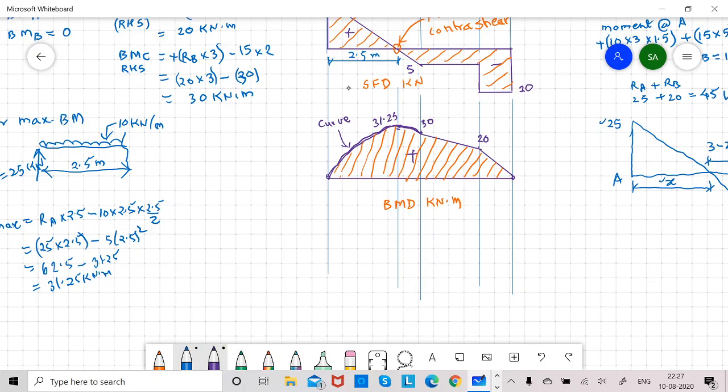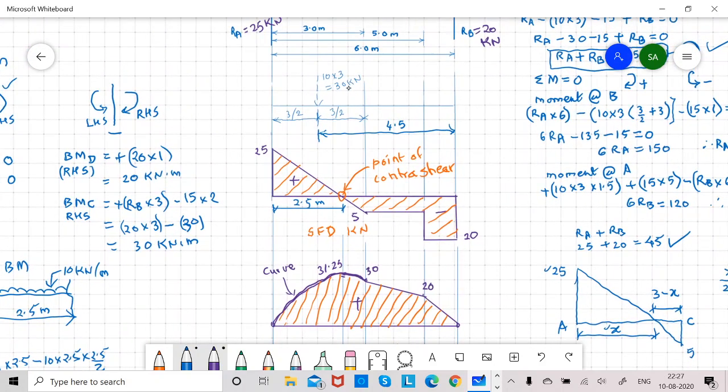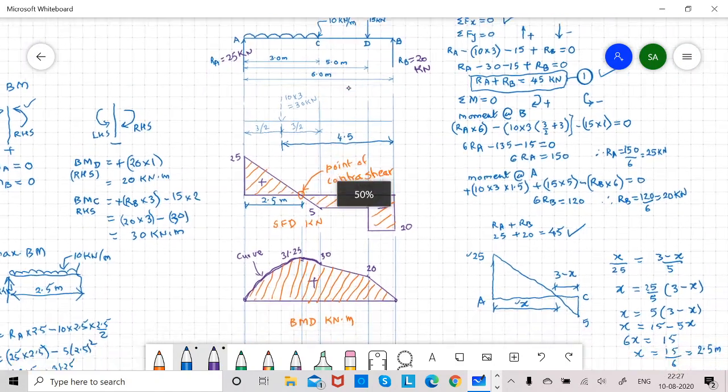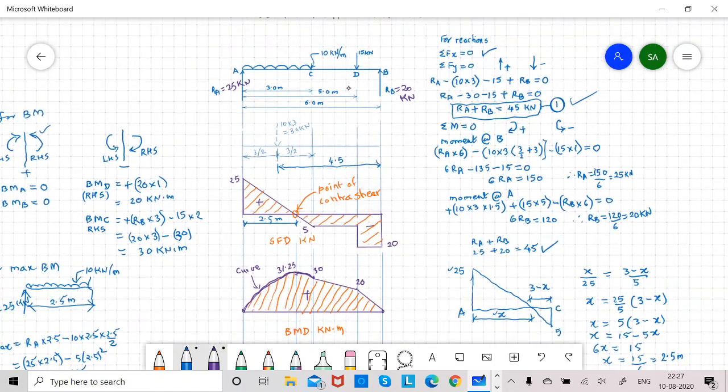Wherever there is UDL, below that we get a curve. So this completes our shear force and bending moment diagram.